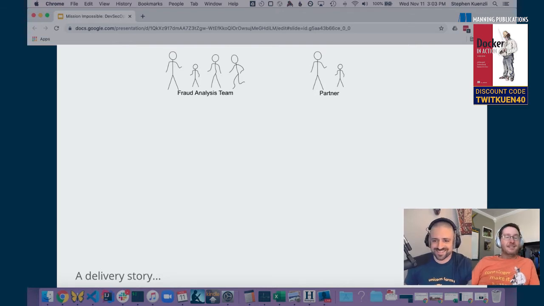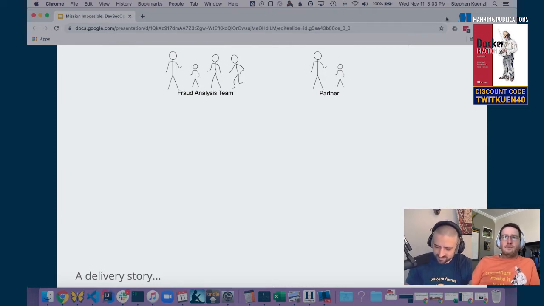Yeah. So let's set the stage real quick. Imagine you're a fraud analysis team, and it's a few weeks before Black Friday, and your product manager comes to you and says, "Hey, we'd really like to integrate data from this third party to combat this new form of householding fraud."